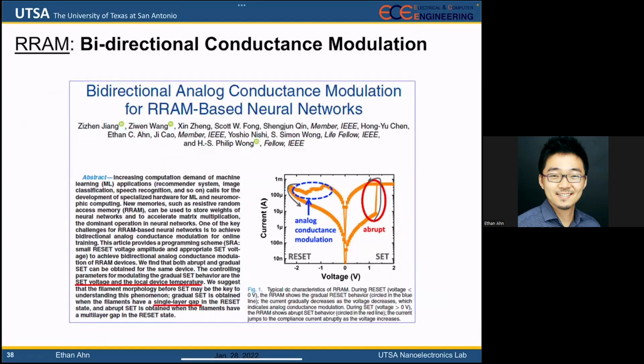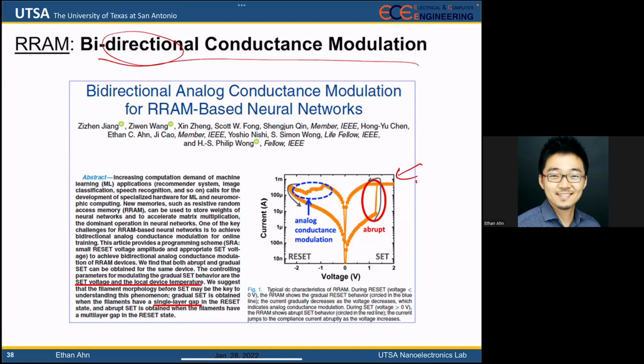And also some other research that I'm doing, in collaboration with my advisor at Stanford, includes making something called bi-directional modulation. Look at this IV curve here. Like I said, one of the prerequisites for this new device to be used as, for example, a synapse, is that it can do gradual modulation of conductance, right?